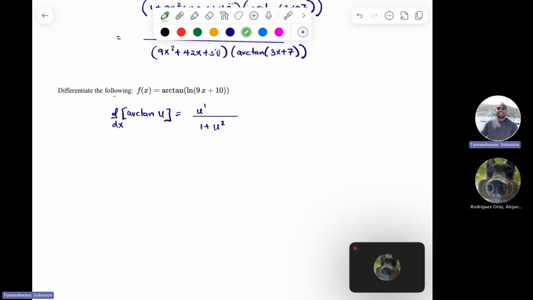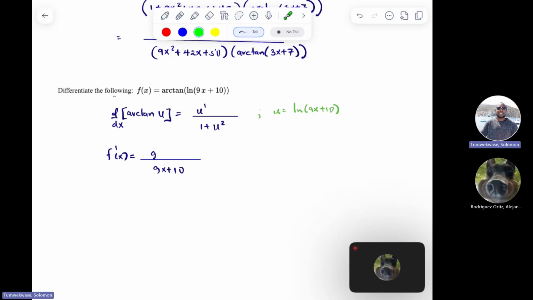So right now, if you're very careful, our u is natural log of 9x plus 10. So that is the derivative we are taking. So f prime of x is the same as u prime. The derivative of this is 9, then divide by 9x plus 10.